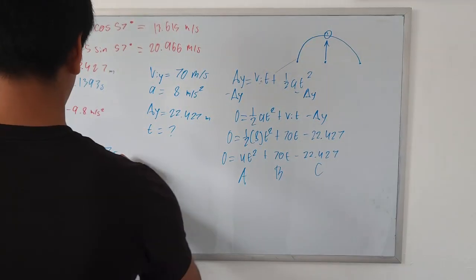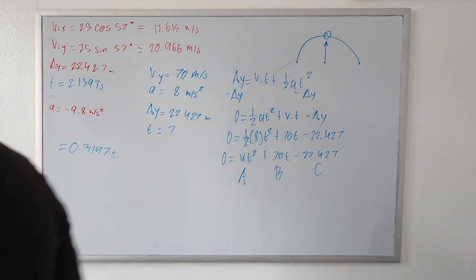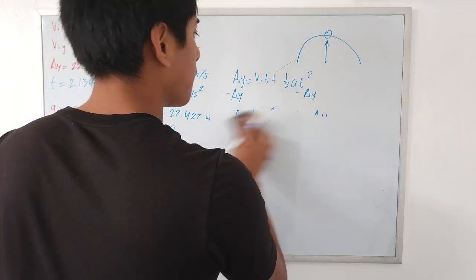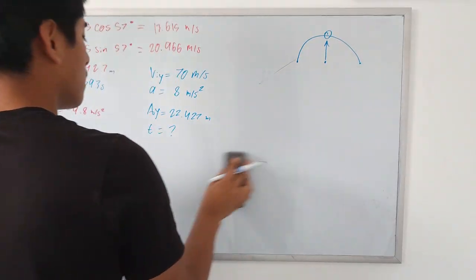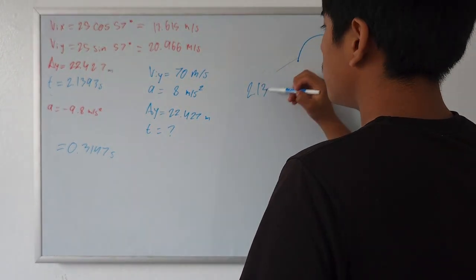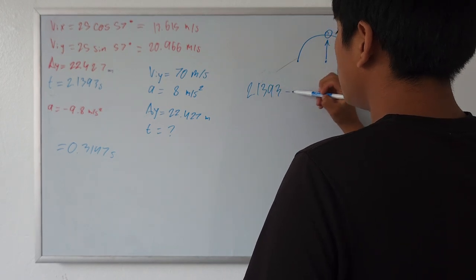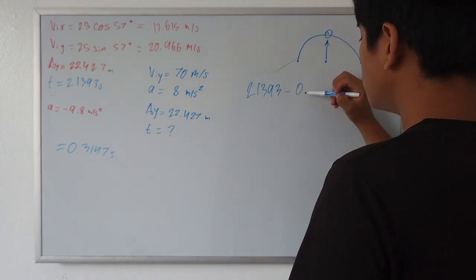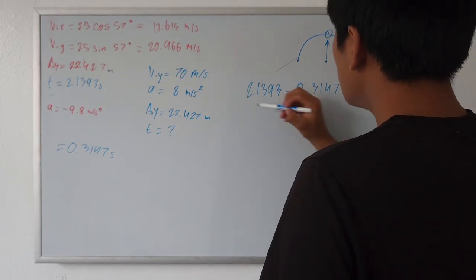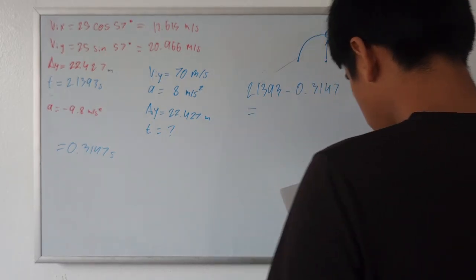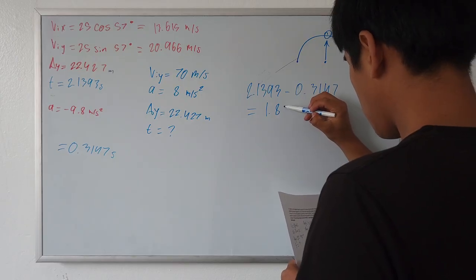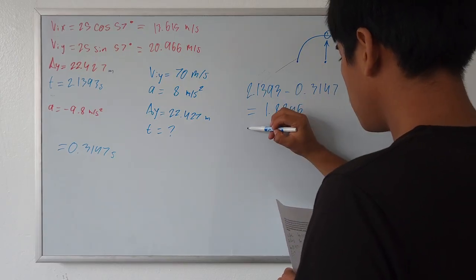So now we're going to do 2.1393 minus the time that we got, 0.3147, and then that should equal 1.8246.